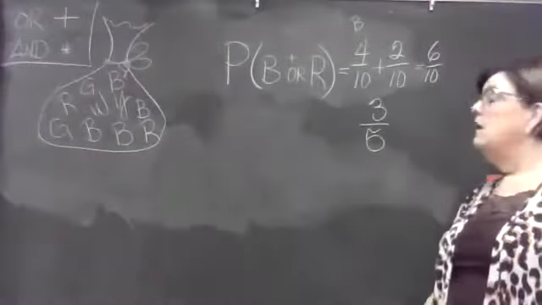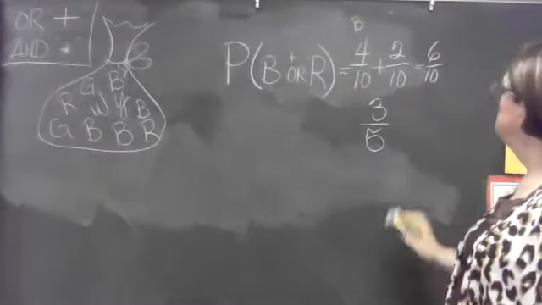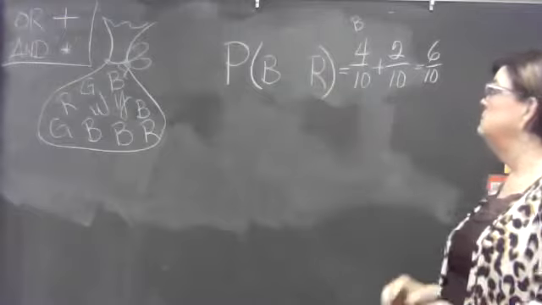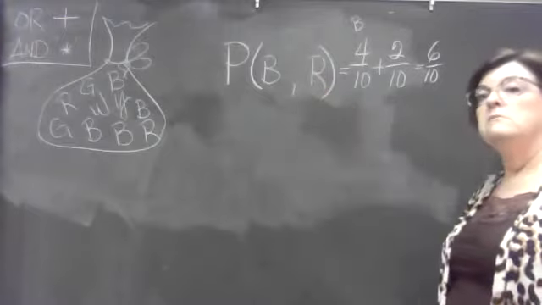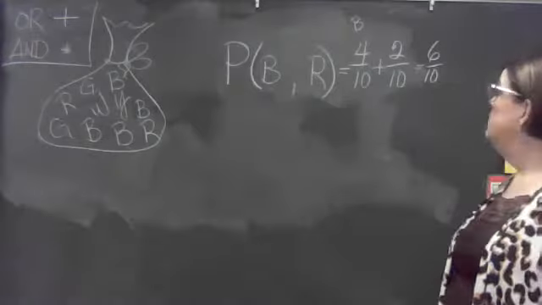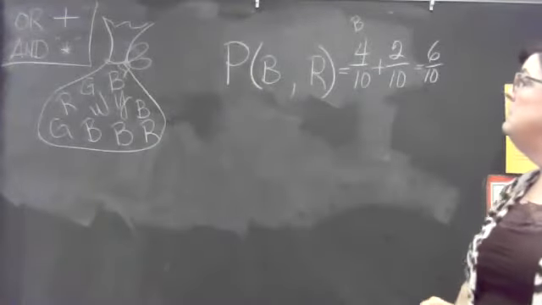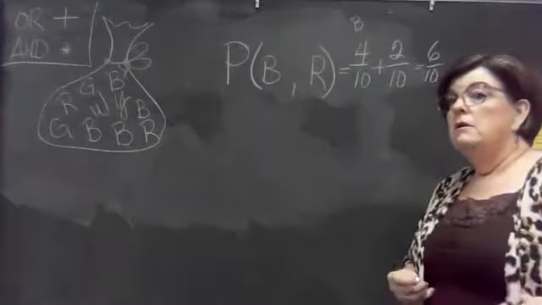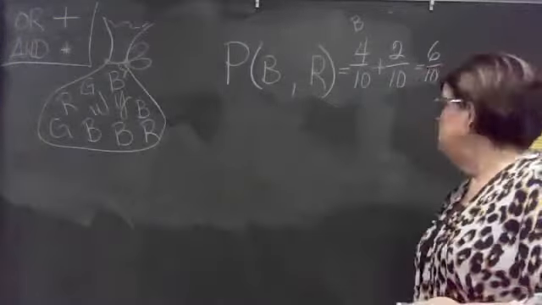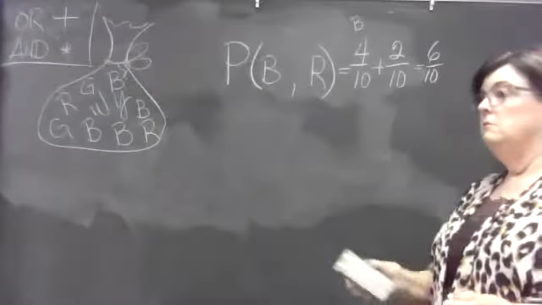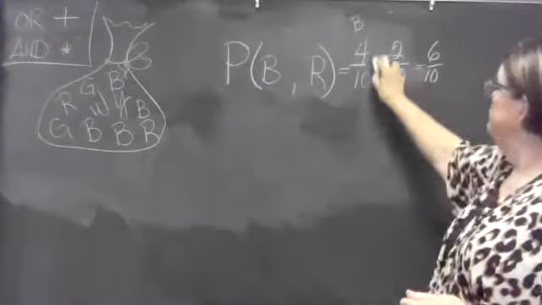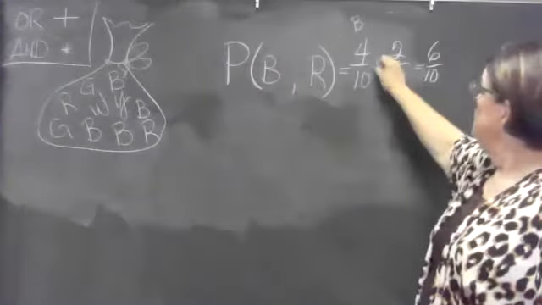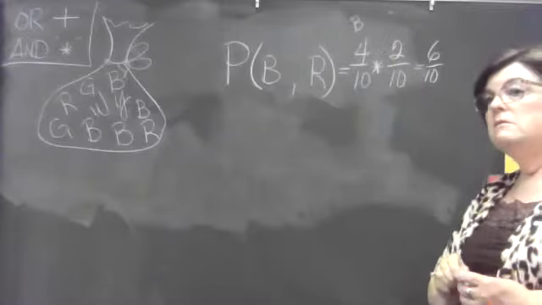Okay. And just to make a point, now this says, what's the probability of getting a blue and a red? Okay, that's going to be harder to do, to get a blue and a red when I draw. So and, or a comma, means that I need to multiply these.